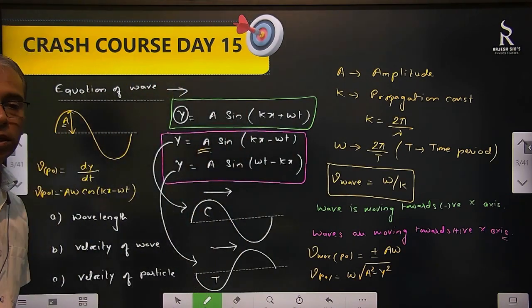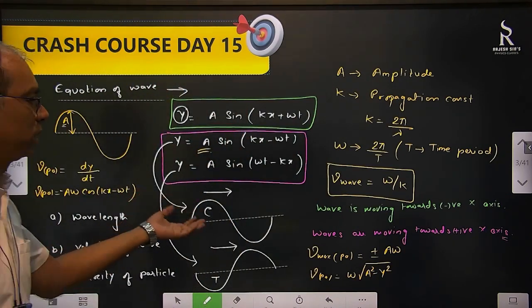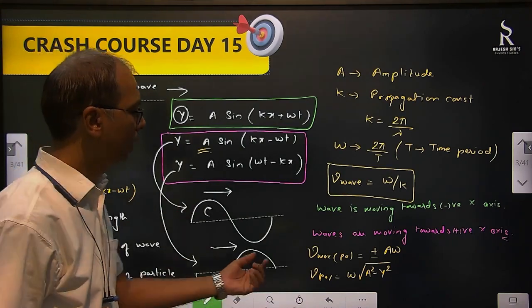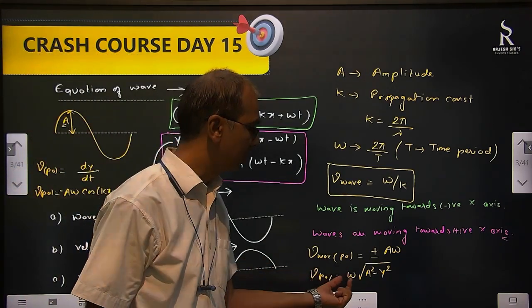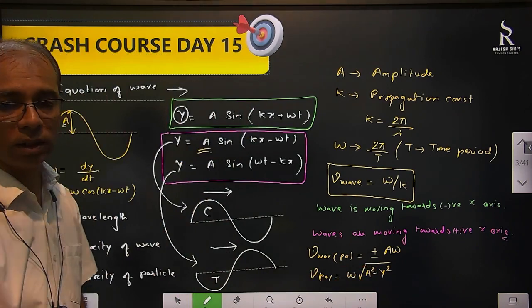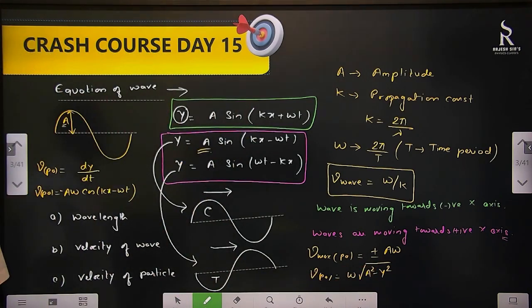Definitely that is also there, because the particle is doing SHM only. So that is also valid over here. So this is related to the equation of wave, wavelength, time period, frequency, velocity of particle.